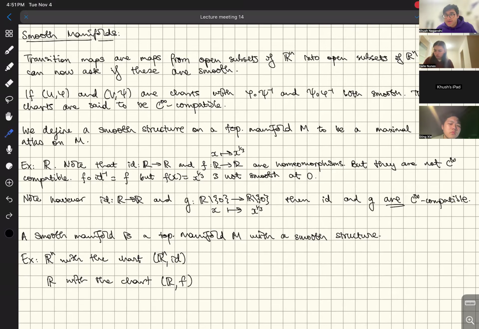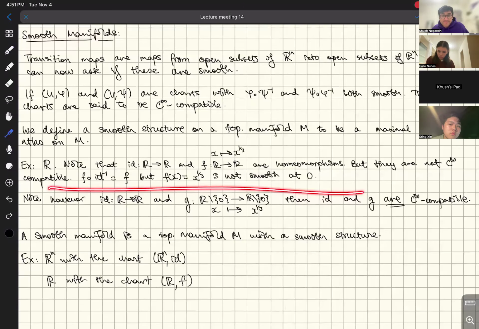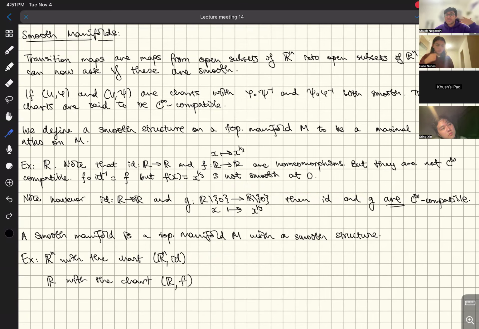But they're not, as we saw here. So this and this are two different smooth structures on R. It's similar to how in topology you can have one set with many different topologies on it. Some might be homeomorphic to some other one, but not every topology on a set is the same.